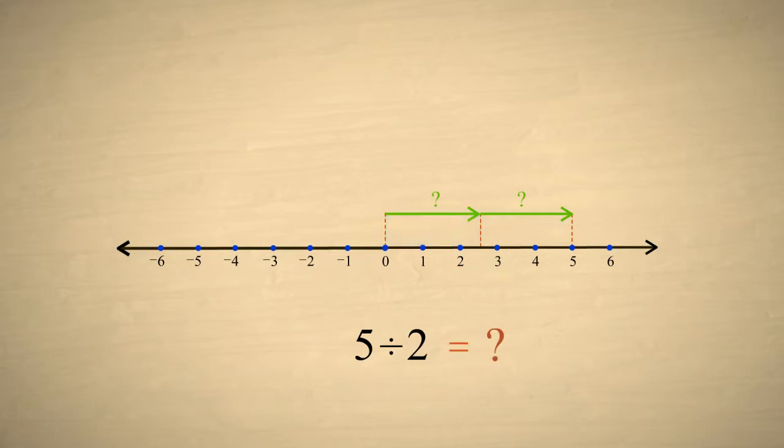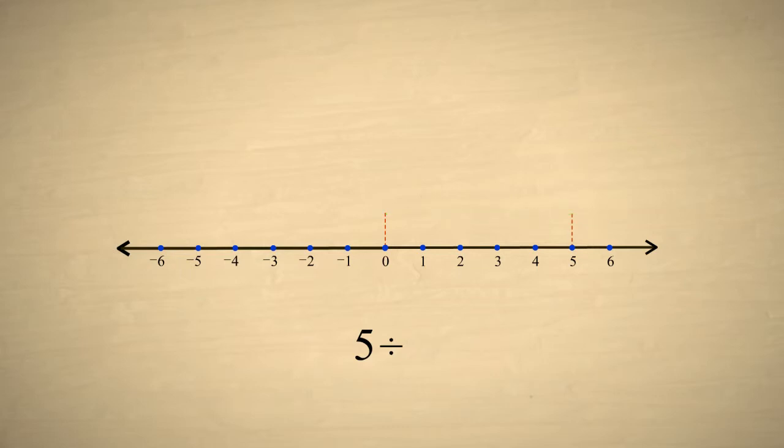So this length cannot be represented by a natural number. Using the alternate interpretation, we ask how many times 2 fits into 5. The answer is that 2 does not fit into 5 evenly. Either way, the result of 5 divided by 2 cannot be represented by a natural number.